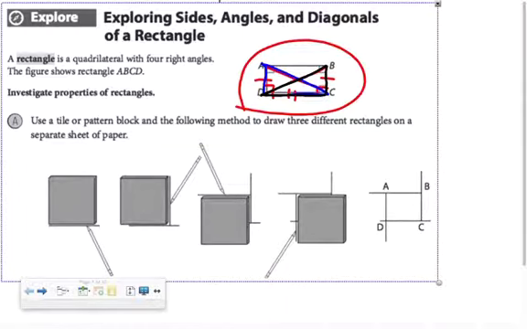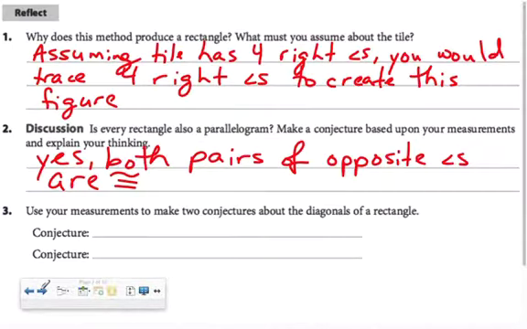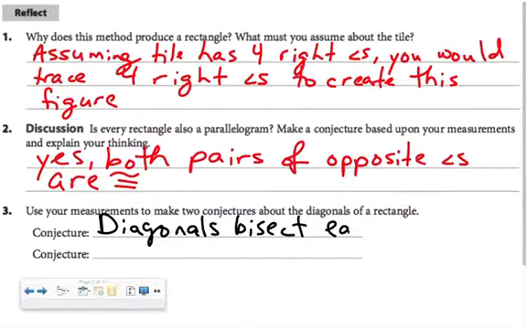Therefore, by CPCTC, and we're eventually going to prove this in the same manner that I just described, we know that the diagonals are going to be congruent. So my first conjecture is that the diagonals bisect each other. We should already know that with certainty. In addition, diagonals are congruent.